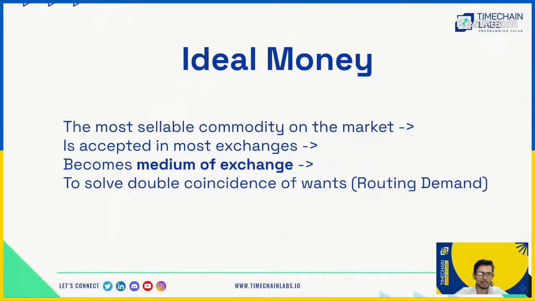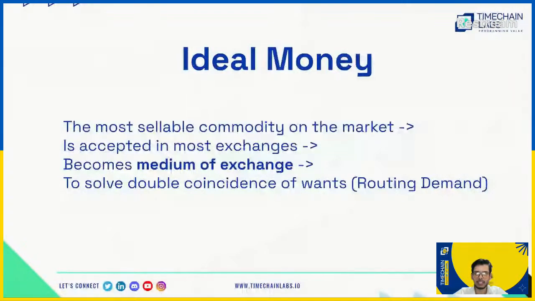It can essentially route demand. This is a problem in economics that you can research, and I encourage all of you to research what the double coincidence of wants is and how that is solved by having a medium of exchange in between transactions. It's a very simple concept.